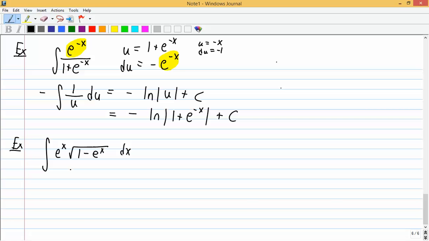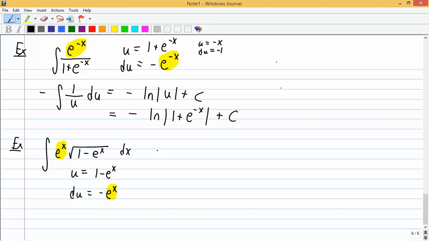So what if I chose my u to be 1 minus e to the x? Then my du would be just negative e to the x. And look, this e to the x is present in front of my radical.